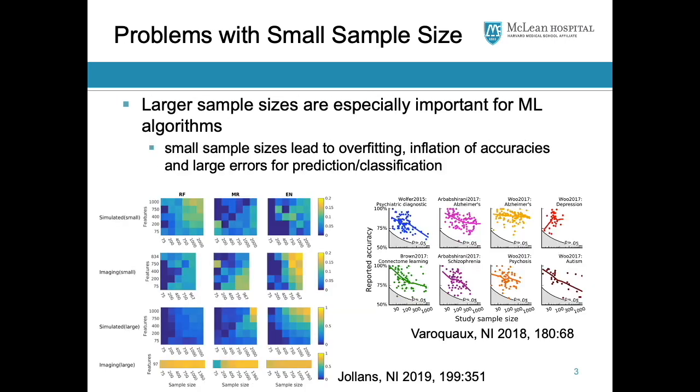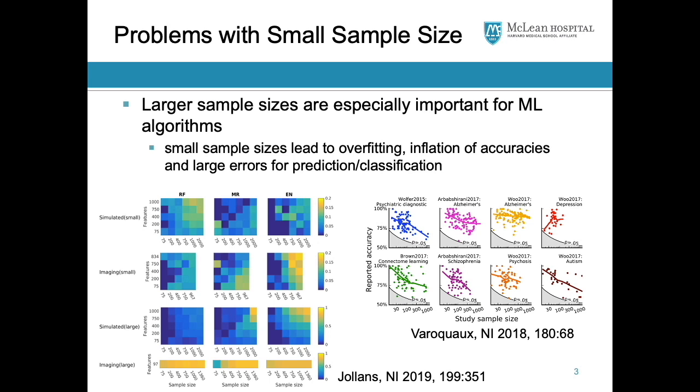Small sample sizes are also very problematic for machine learning algorithms, leading to overfitting and inflation of prediction accuracies, and large errors for prediction and classification, as Jollans showed in 2019 using simulated and real imaging data with both small effect sizes and large effect sizes.